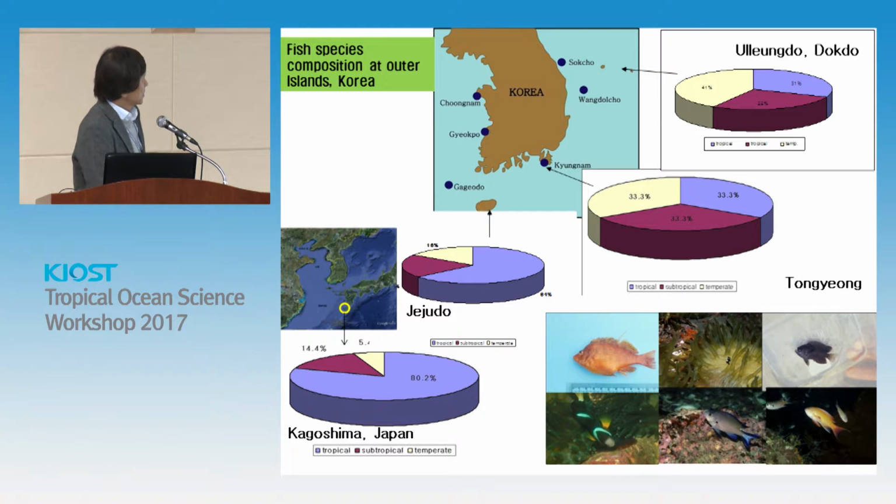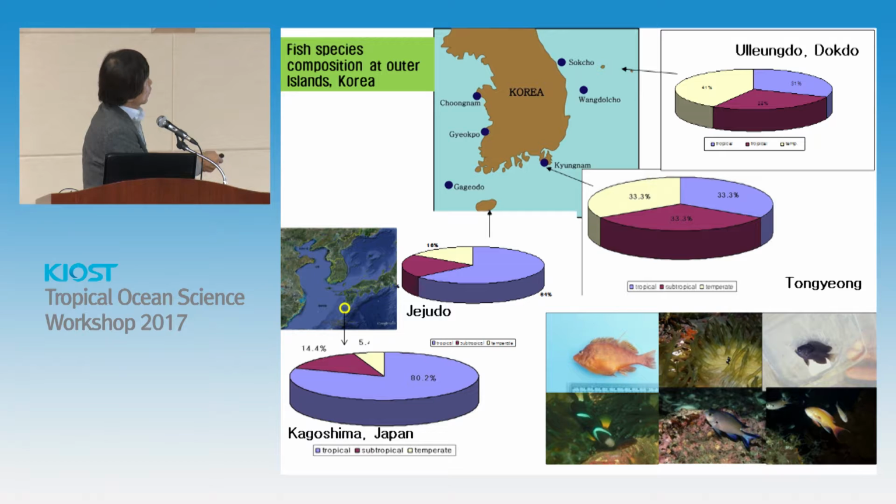In the fish case, I recorded long-term monitoring of outlying islands, including some of southern Japan. You can see the tropical species gradually reduced to the north.